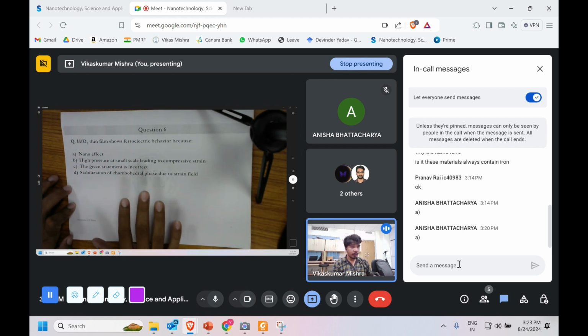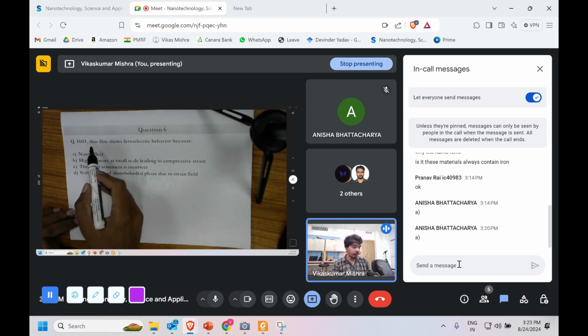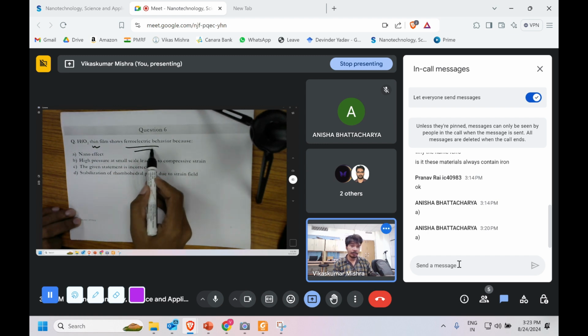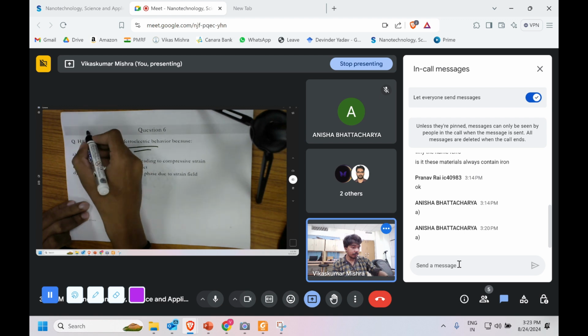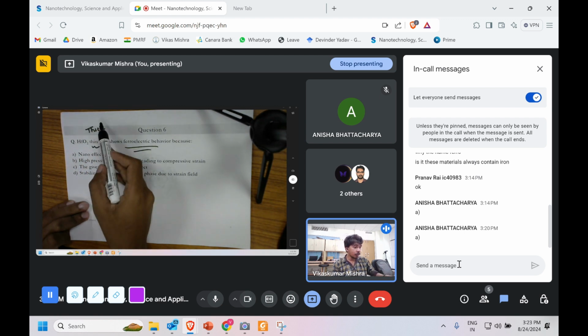So, HfO2 thin film shows ferroelectric behavior. Why is it the case? Why does HfO2 thin film show ferroelectric behavior? And one more thing, if I make it thick, then it will not show this ferroelectric behavior.